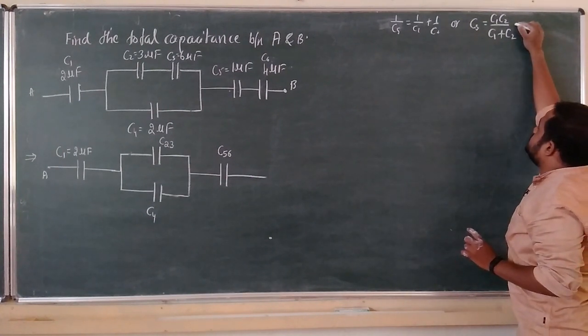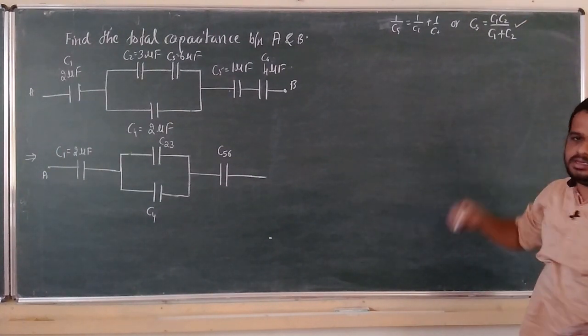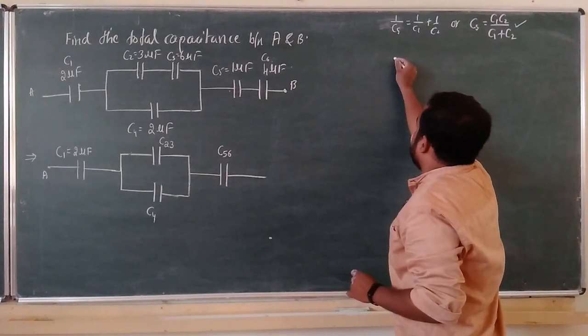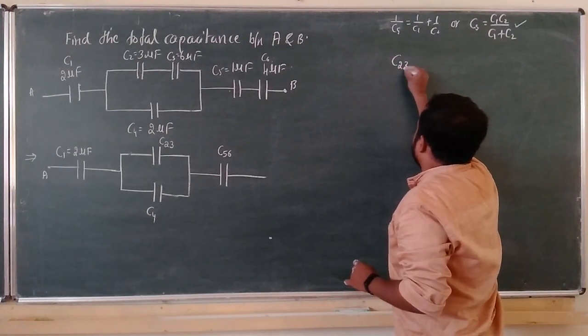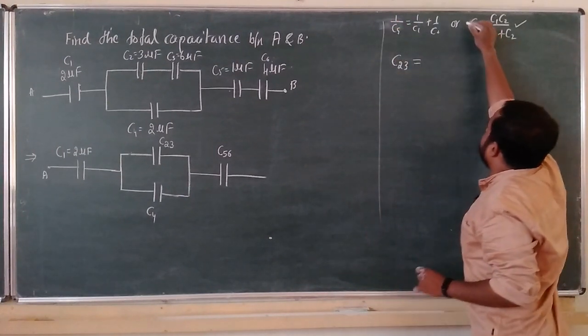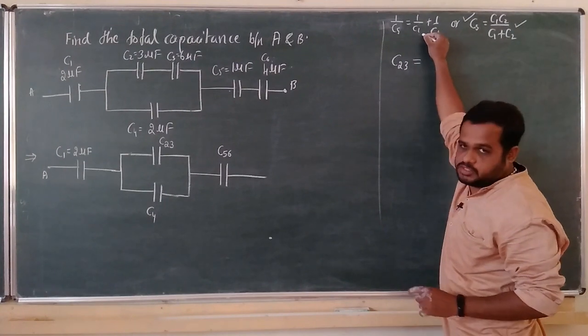For two capacitor problems this is easier. Now C23 is the series combination of C2 and C3. I'll use this formula. You can solve using the other formula also.